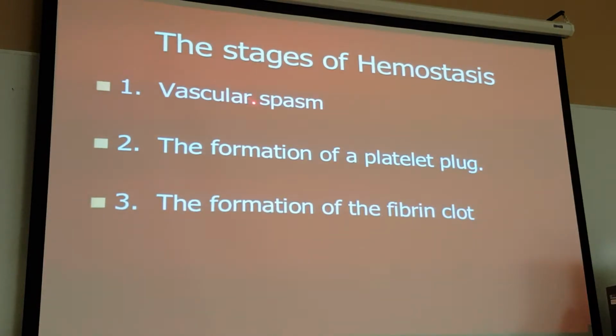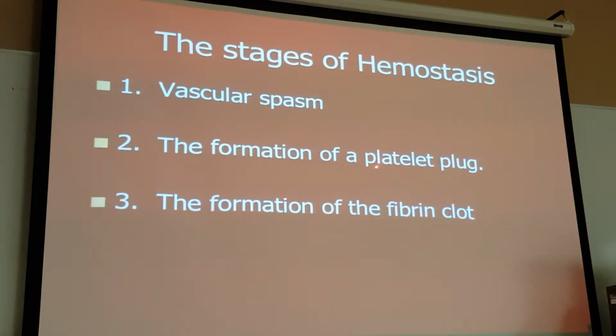So we have that. Step 2 is the platelets, sensing a rough surface, secrete agents which cause them to clump together. Platelet aggregating factors, they're called. And that causes a bunch of them to stick together and form a platelet plug.